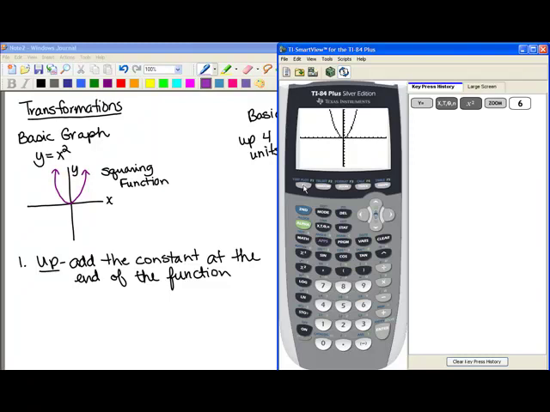Now I'm going to graph the other function, the x squared plus 4 function, because that is the one that's moved up 4 units. Now notice I'm graphing 2 functions at the same time. The first function is our squaring function, and the other function is the one that's moved. All right, so you'll see our other function being drawn, and you see that it is moved up 1, 2, 3, 4 places.